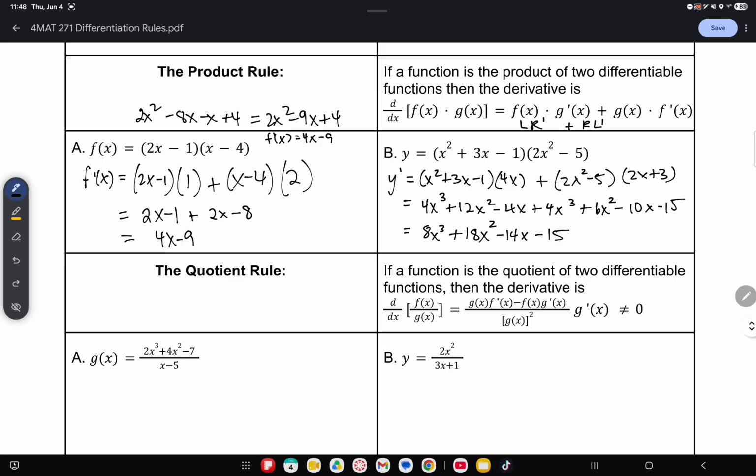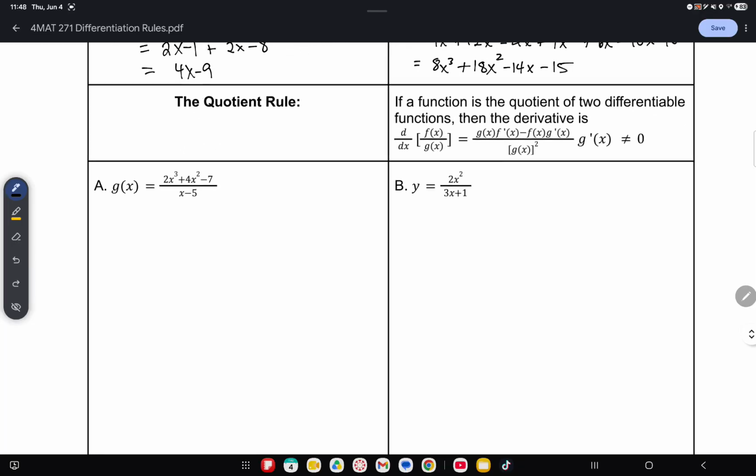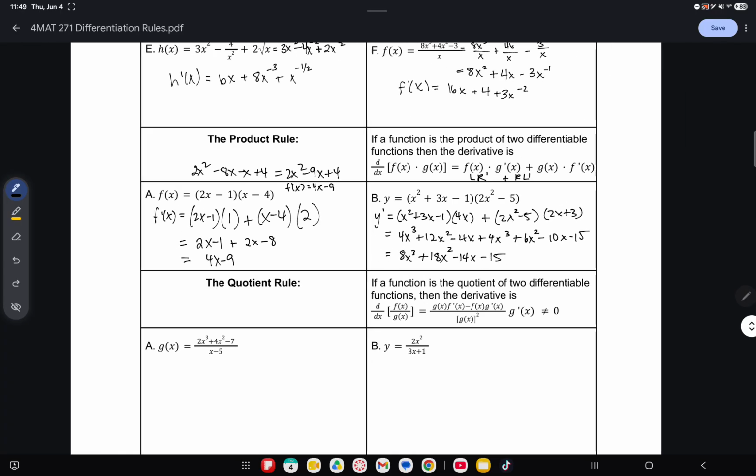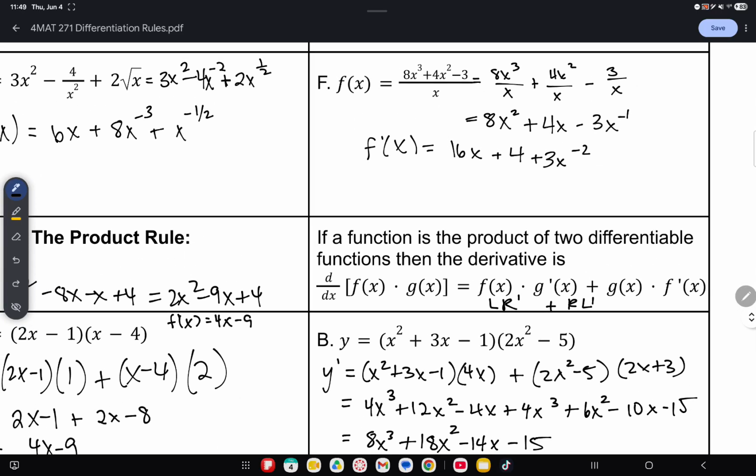Okay. So let's look at the quotient rule. So as long as the denominator is not 0, then we can apply the quotient rule. Because maybe we can't split it and simplify like the one problem I had up here, right?